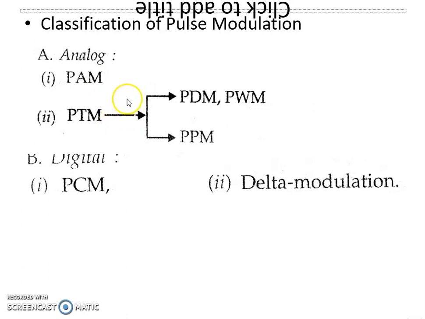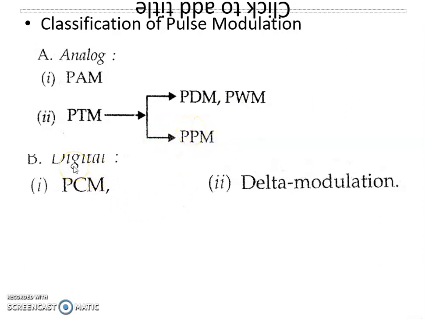PTM is divided into two types, PDM or PWM, and PPM. PDM is pulse duration modulation and PWM is pulse width modulation. In these techniques, we vary the width of the pulse. PPM is the pulse position modulation technique, where the position of the pulse is varied.